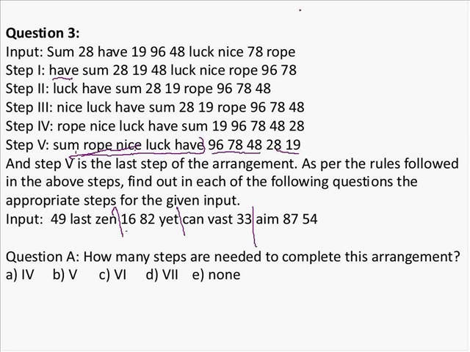Here also. So they are shifting where? That is what you have to analyze, where are they shifting? Where has luck gone? Have has come here. So sum has gone. Everything is shifted to one place.